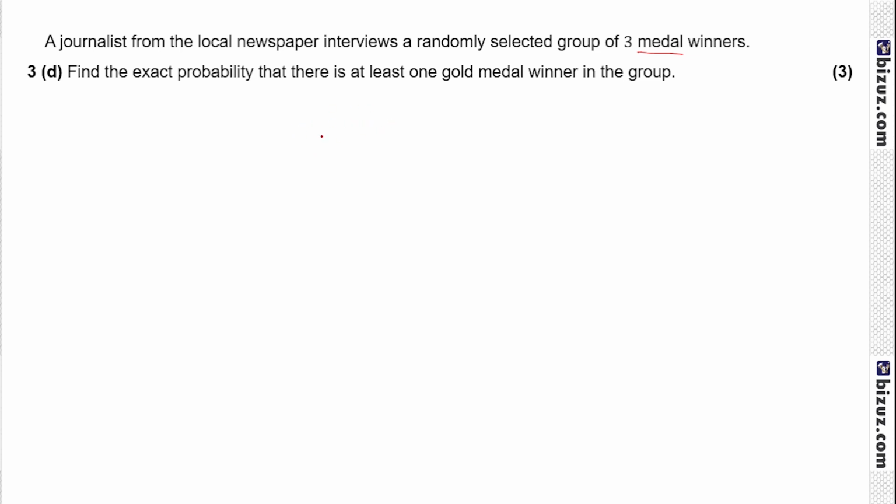So that is going to be our strategy here. The probability of getting a gold medal, I'll write G here, given that the student already got a medal, is equal to 1 by 3, as we saw before. So the probability of not getting a gold medal, given that the student has achieved a medal, is going to be 1 minus that.